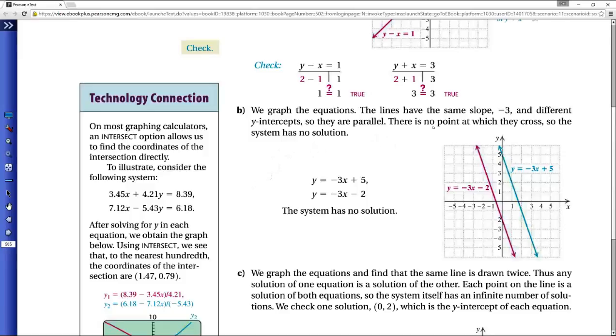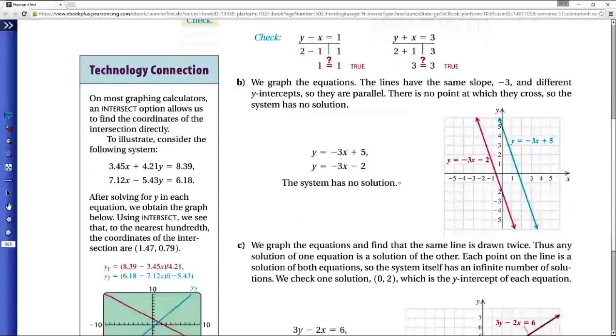When we graph equations, if the lines have the same slope, in this case negative 3, and different y-intercepts, in other words they are different lines, they cross the y-axis at different points, but they have exactly the same slope, they are parallel. Now if I look at this and I have these two equations, is there a solution for this system?